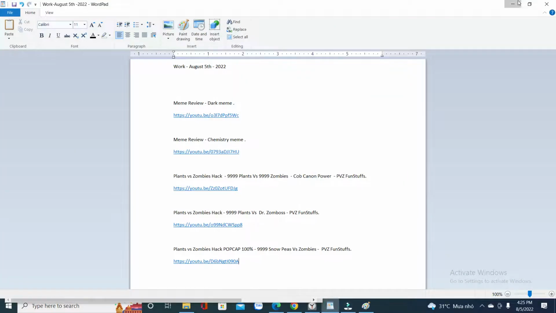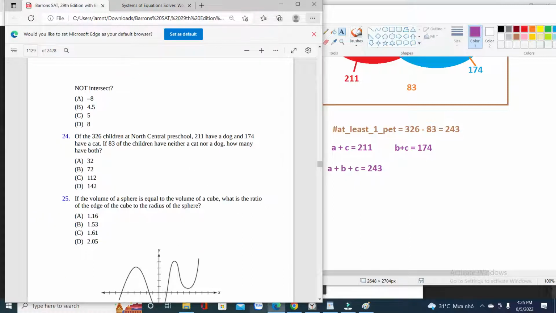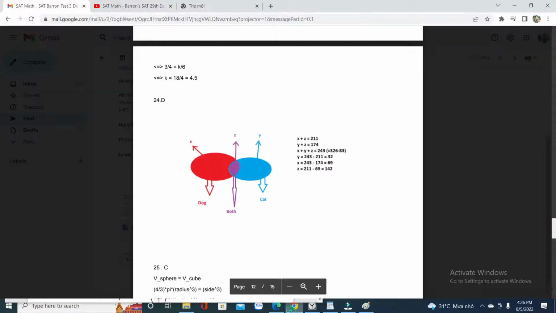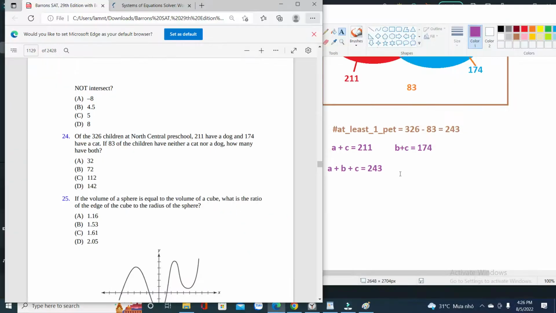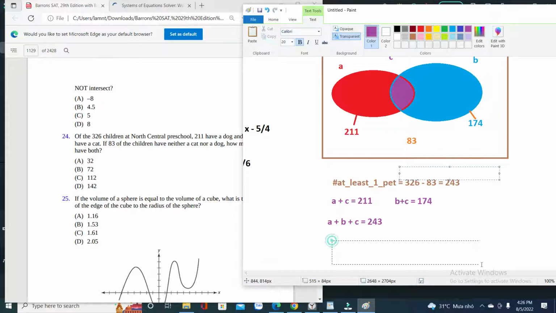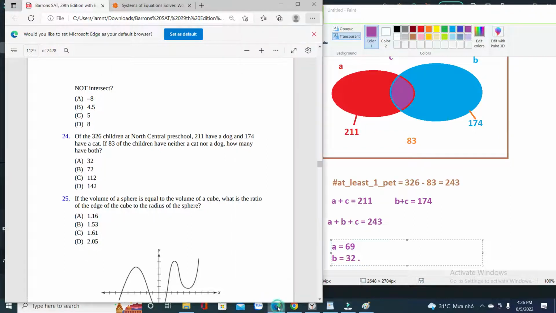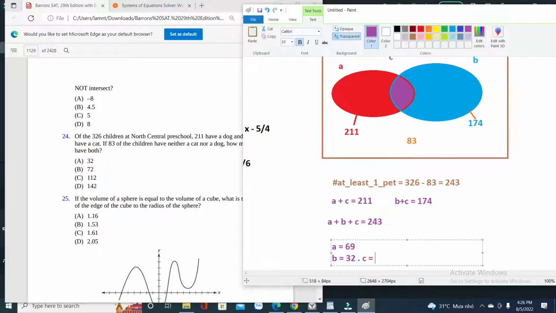After these equations, what you're going to get is y is equal to 32, x is equal to 69. So in this case, A is equal to 69, B is going to equal 32, and you can solve for C, which is going to equal 142.